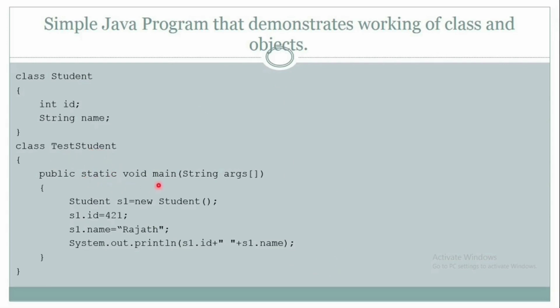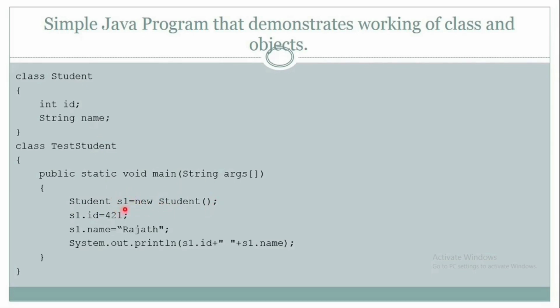So wherever the main function resides, the class name of that should be the file name with the extension .java. And here s1 is an object. This is how you create an object of a class: Student s1 is equal to new Student.